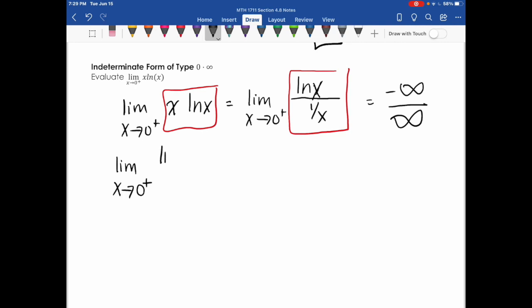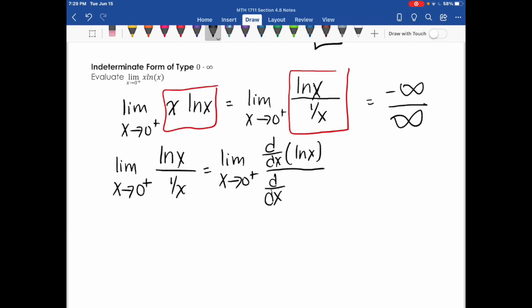So I can say that the limit as x approaches 0 from the right of the natural log of x over 1 over x is equivalent to the limit as x approaches 0 from the right of the derivative with respect to x of natural log x, over the derivative with respect to x of 1 over x. Now, when I take the derivative of the natural log of x, I'm going to get 1 over x.